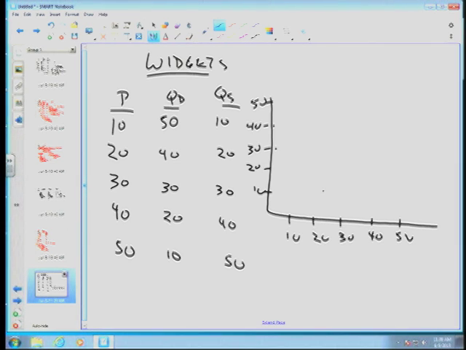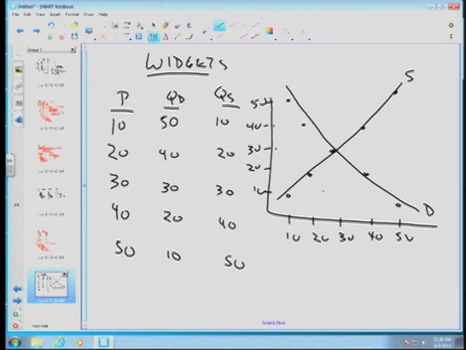Okay, at a price of $10, we'll take 50, then 40, 30, 20, 10. Get a demand curve, and then just the opposite. At a price of 10, not making much money, so we only get 10. Prices rise to 20, we get 20. At 30, we get 30. 40 at 40, and 50 at 50. So we have our upward sloping supply curve.